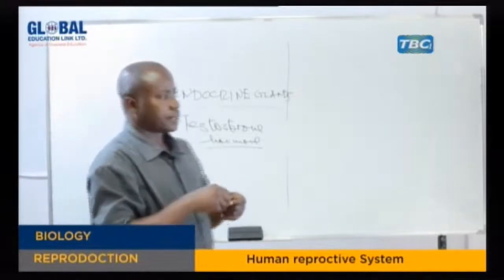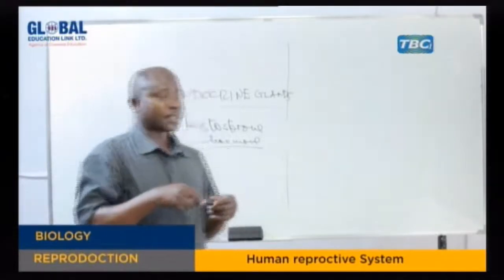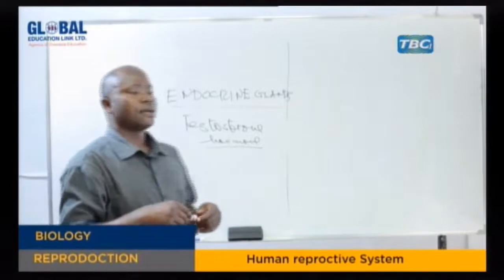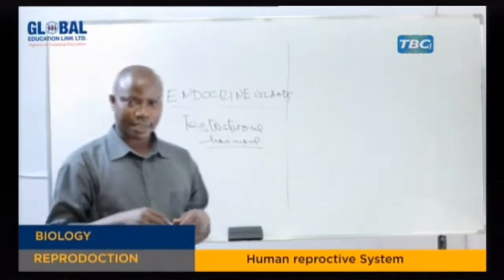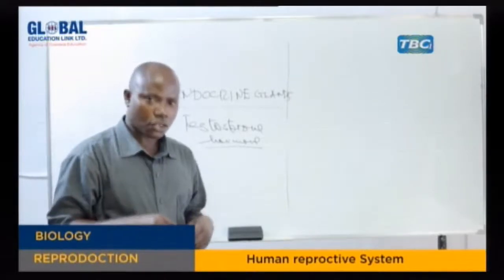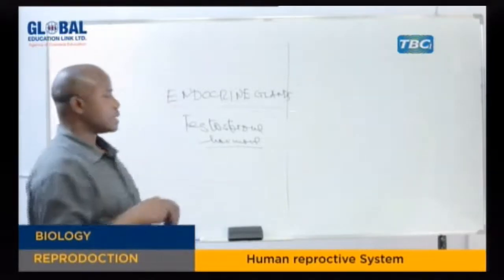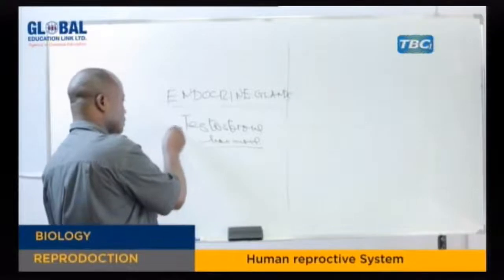But this question asks you to explain why it is necessary for the male reproductive system to have the endocrine gland. As we all know, the testes produce testosterone.